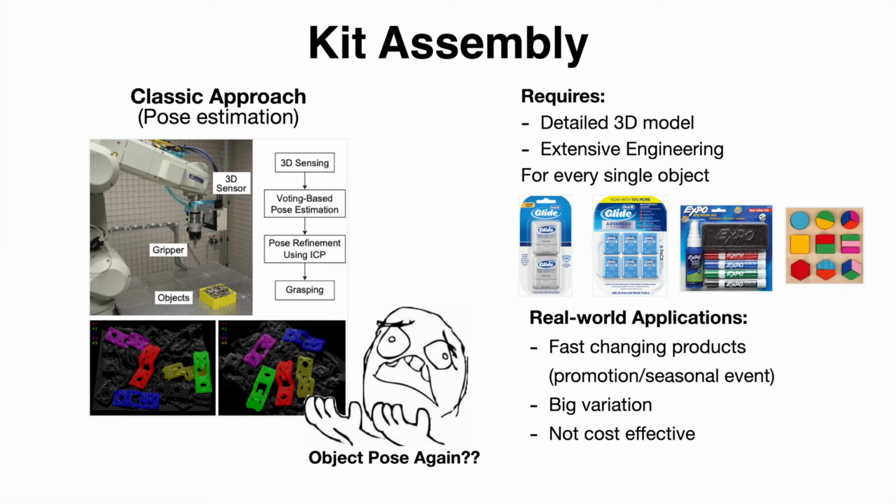In many real-world applications, these kits are constantly changing due to promotions or seasonal events, which can happen as often as every 2 months. Therefore, it is not cost-effective to re-engineer the full assembly pipeline for every single object. As a result, a large portion of these everyday consumer packages are still manually assembled by human hand.